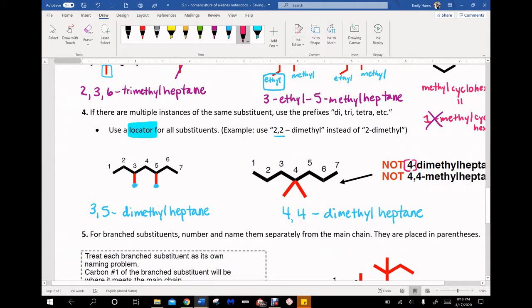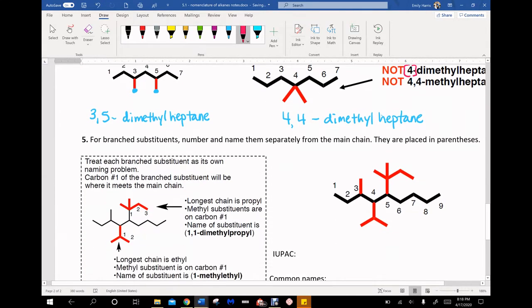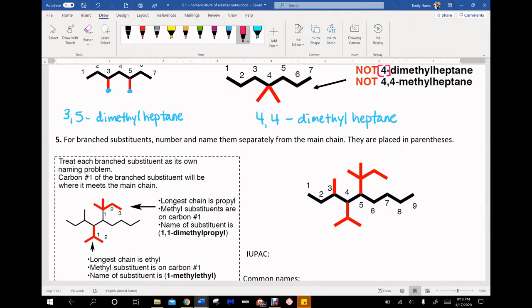All right. So now let's go on to guideline 5. Okay. And so this one says for branched substituents, number and name them separately from the main chain. And it says these names are going to be placed in parentheses.